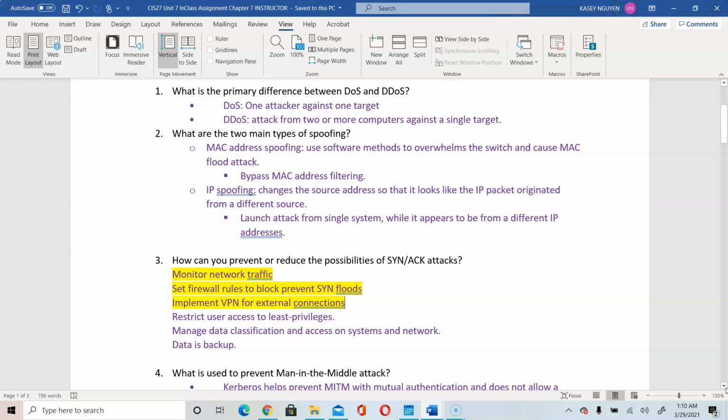We should manage data classification and access on the network and the system. Data classification pertains to different categories, and we need to take a look at data at rest and data in motion. Data at rest is the data that's being stored on the system, and data in motion is data that's being sent and received on the network.